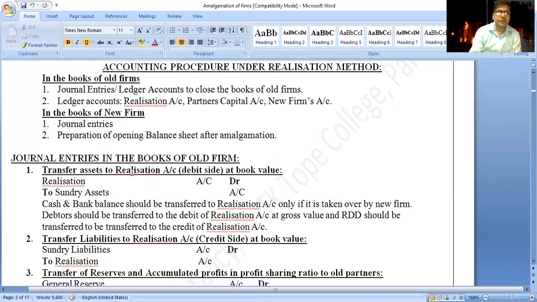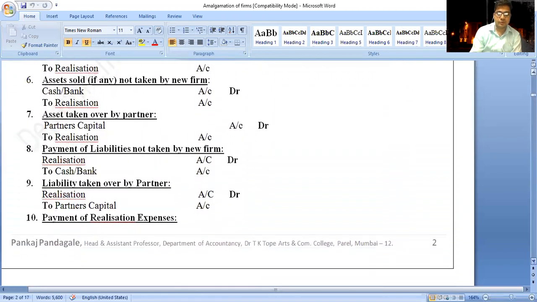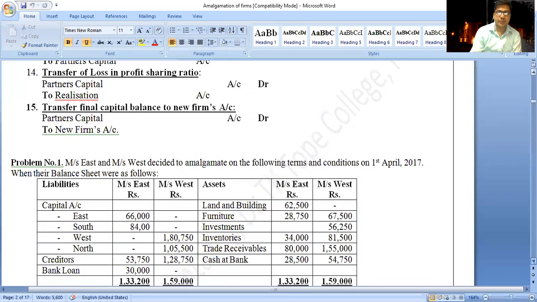First general entry: transfer assets to the realization account, debit side, at book value. Now how we will transfer, that we are going to discuss. Realization account debit to sundry assets account. In our problem, there are various kinds of assets belonging to Raj and Company.